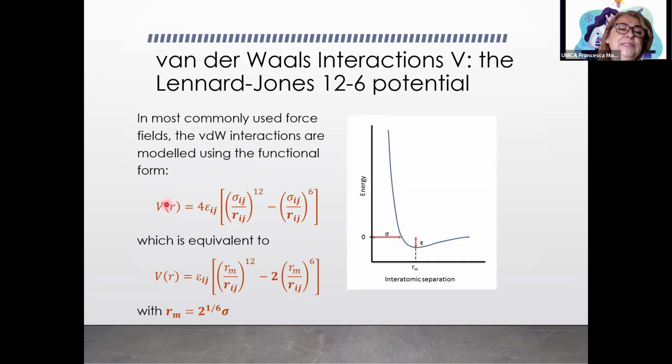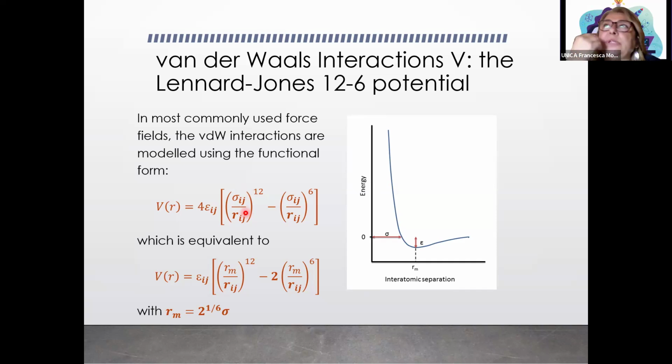You can find this expression expressed in a different way, but this is basically the meaning, and they can be interconverted one to another. But I'm saying this because you have to pay attention when you are looking for the van der Waals term of some atoms in your system.